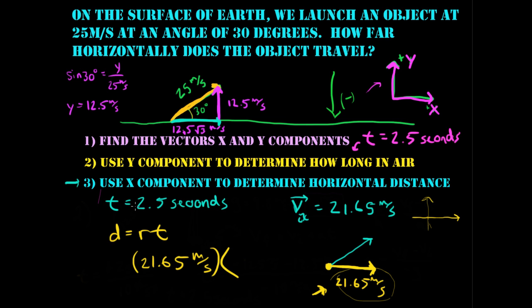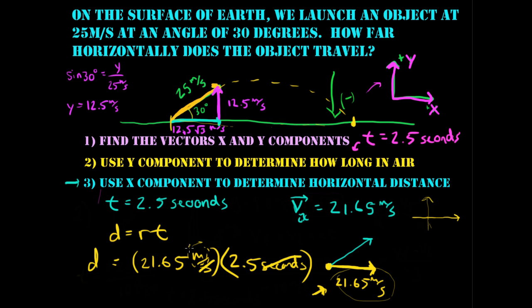Our time, well, that's 2.5 seconds, because we want to know how far till it drops. Well, it's going to hit the ground in 2.5 seconds. So when we multiply these, you'll notice the seconds cancel and we're left with an answer in terms of meters, and that's our distance. That's our displacement. That's how far this object travels before it hits the ground. At the moment this object hits the ground, this is the distance the object has traveled.